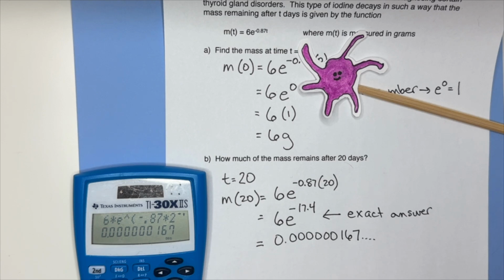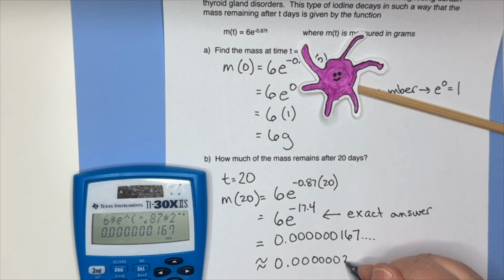For example, if we wanted to go to 7 decimal places, I would round to 2.